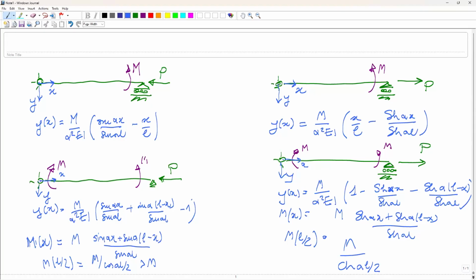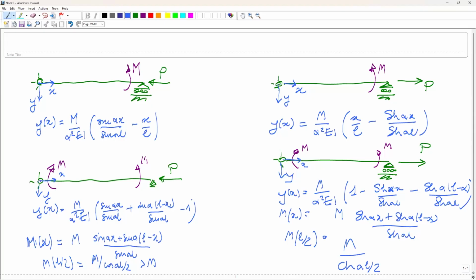Or you can also see it in another way. Because what does this amplification of flexural effect induce? It induces more bending. So it means that you increase the deformability, you reduce the stiffness. So you can see the effect of the compressive axial force as a stiffness reduction.